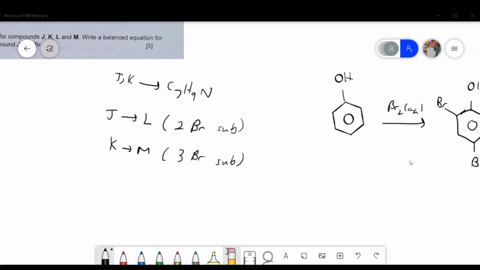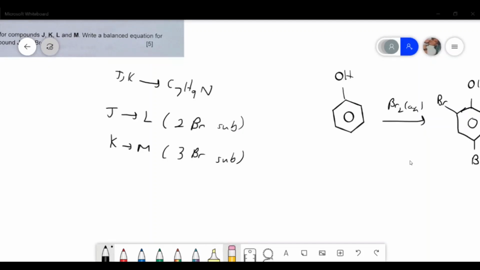For J, the NH2 group is occupying either the 2 or the 4 position. Does that make sense? Just type a yes in the chat if it does, because it's very important to do this step by step. Okay, yes, good.